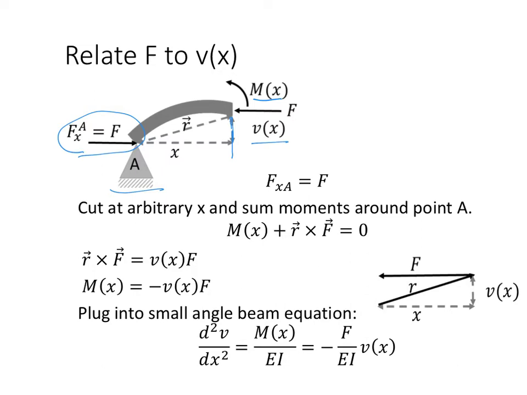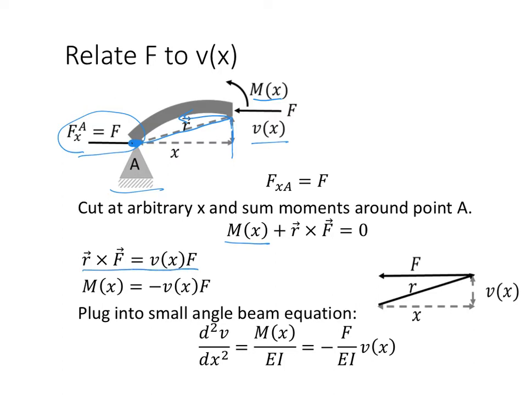We will now sum all the moments around this point A. So we clearly have the M of x that we have defined at the cut point, and then we have r cross F here, and the sum of those must be equal to 0.